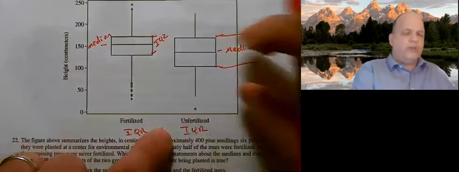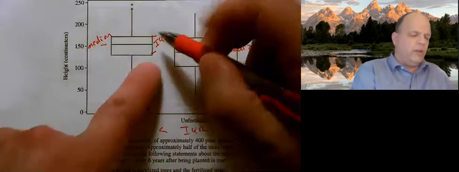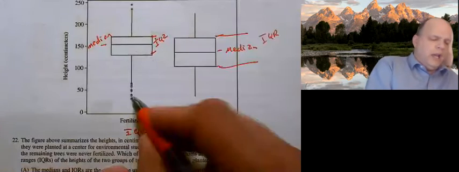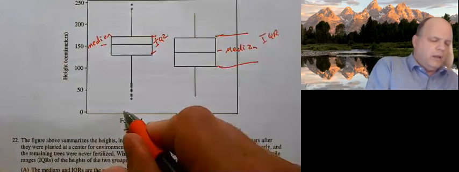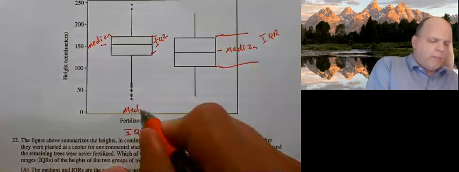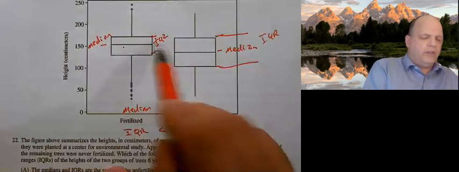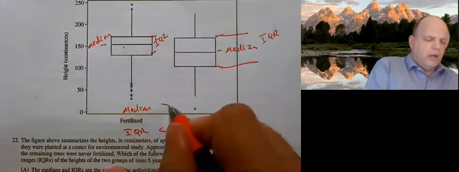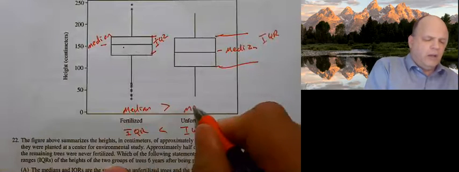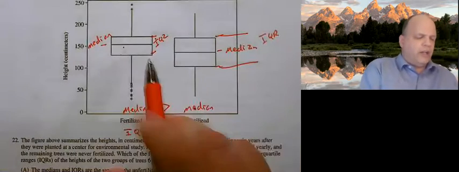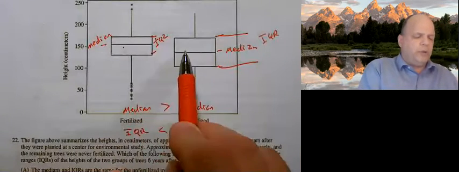In other words, this one right here is wider than this one right here. And when it comes to the median, the median of the fertilized is greater than the median of the unfertilized. I know that because this one is below that one.